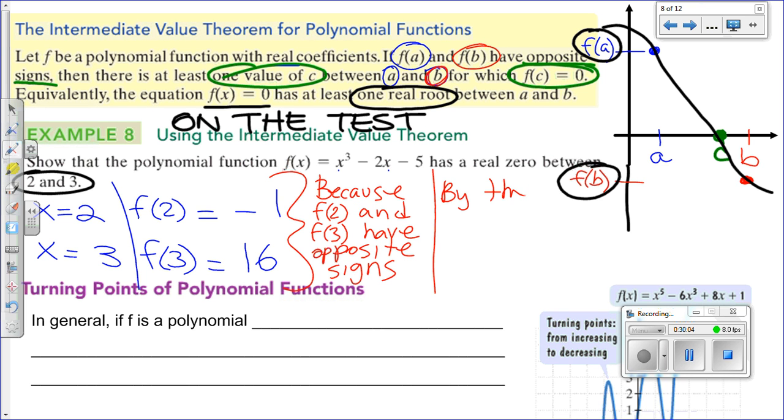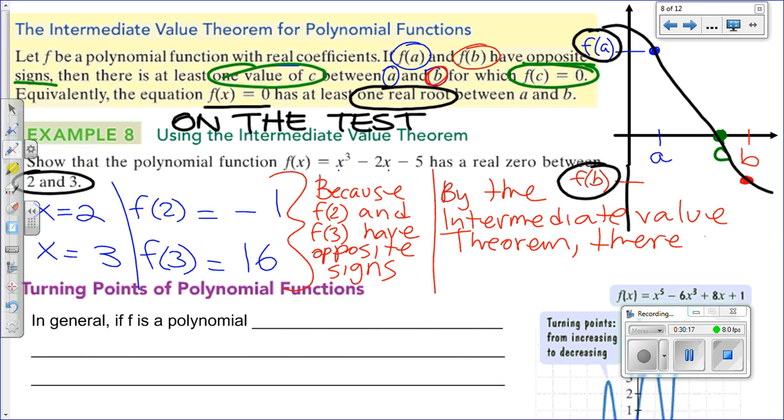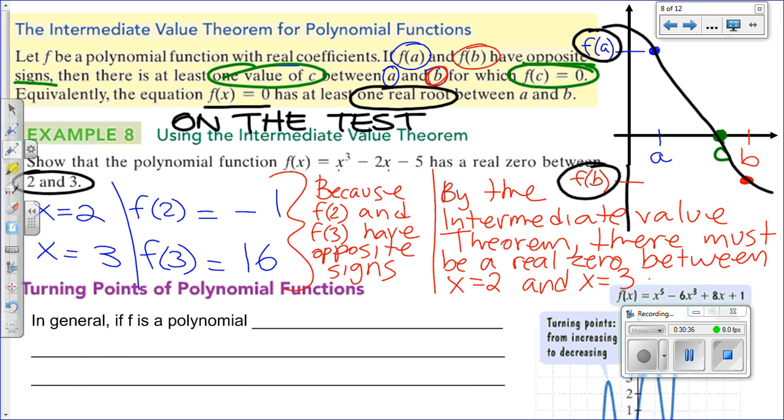By the Intermediate Value Theorem, there must be a real zero between x equals 2 and x equals 3.